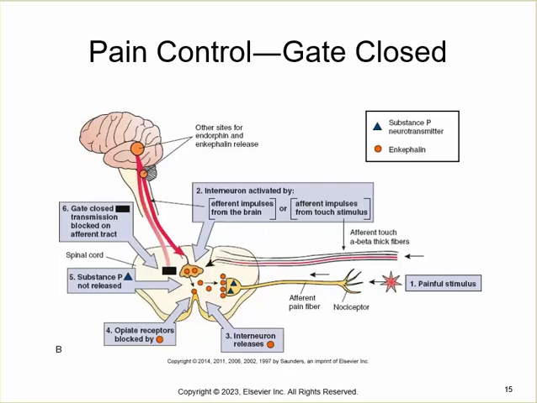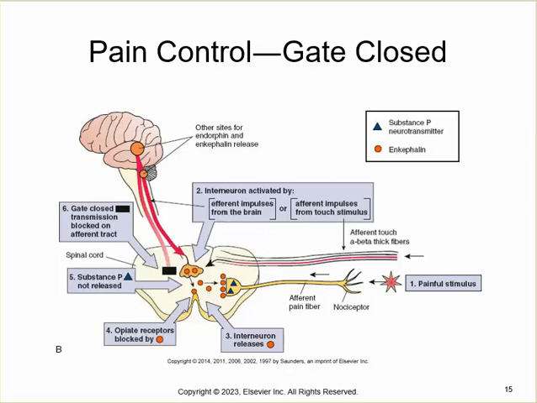Okay, here's another interesting twist on it, that there are touch receptors, A beta thick receptors, but they are afferent touch receptors. They are touch fibers. They're from the touch receptors, from the Pacinian corpuscles and the Meissner corpuscles and that kind of thing, that transmit touch along from the same area as where the pain receptors are.